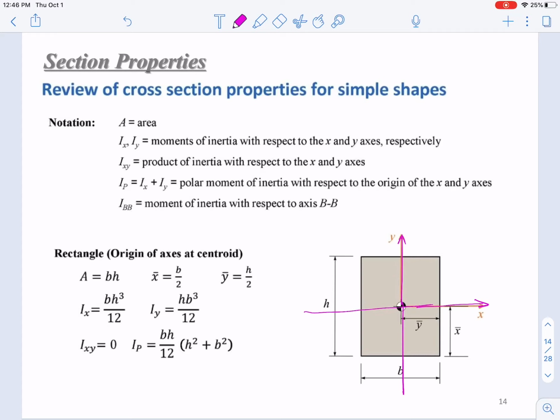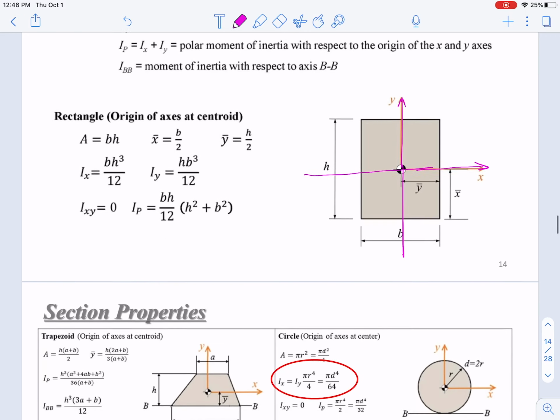So the Ix, moment of inertia with respect to x, equals bh cube over 12. And Iy equals hb cube over 12. And the Ixy equals 0. And Ip equals bh over 12 times h squared plus b squared. Those are the basic properties of a simple shaped cross-section, a rectangle.